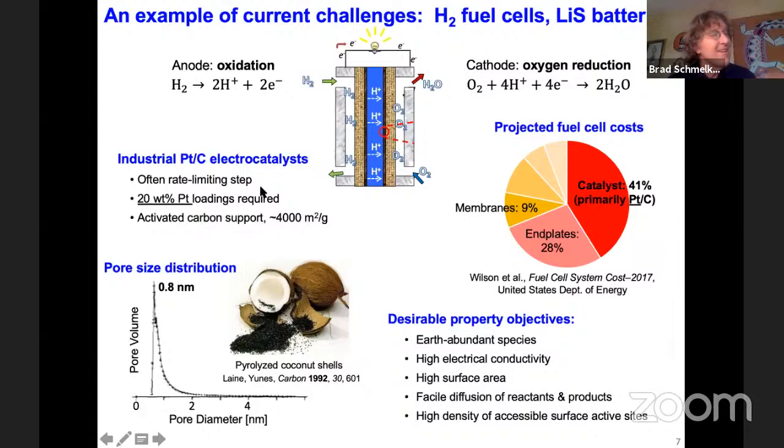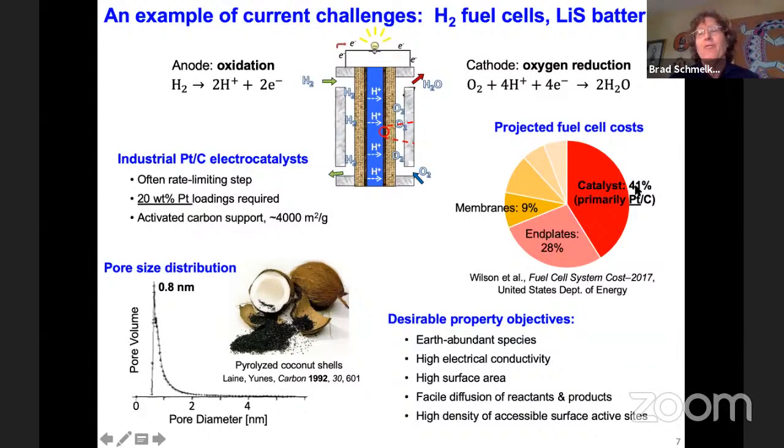And so what's used conventionally is close to 20% platinum dispersed on a conductive activated carbon support. So this is about 4,000 meters squared per gram. And so this 28% platinum is the problem, right?